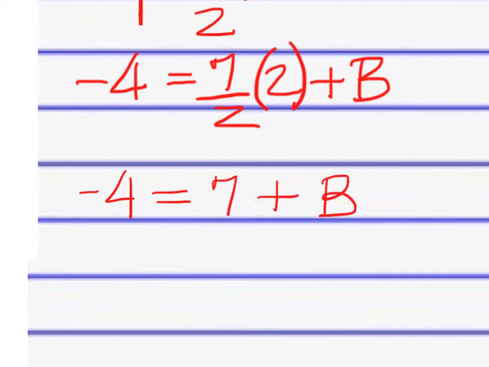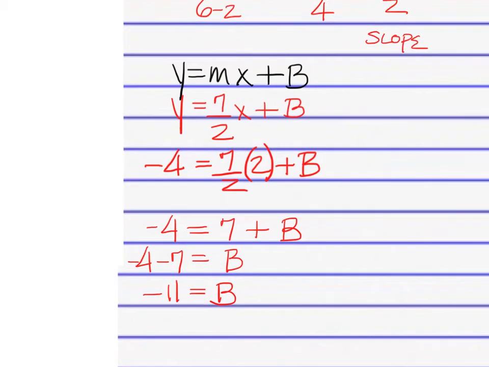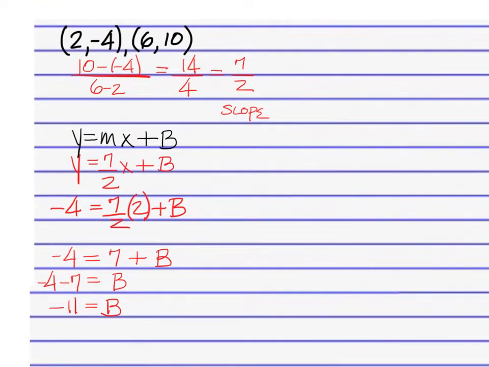What happens to that 7? Move it to the left, change the sign. And what is negative 4 minus 7? Negative 11. Where does this negative 11 go to? It goes in for B. Tell me when I get to the line where I should stop.